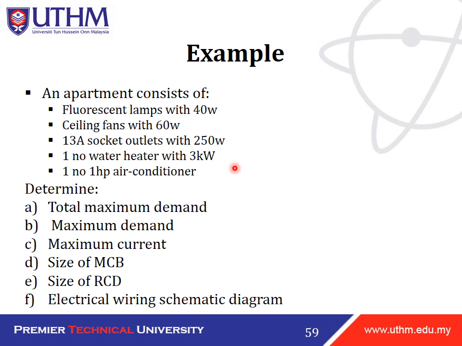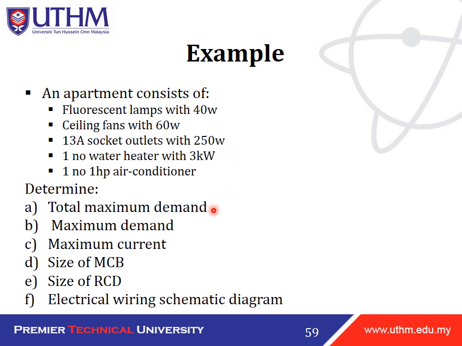Okay, let's say we have an apartment consisting of fluorescent lamps with 40 watts, ceiling fans with 60 watts, 13 amp socket outlets with 250 watts, 1 number water heater with 3 kilowatts, 1 horsepower air conditioner.